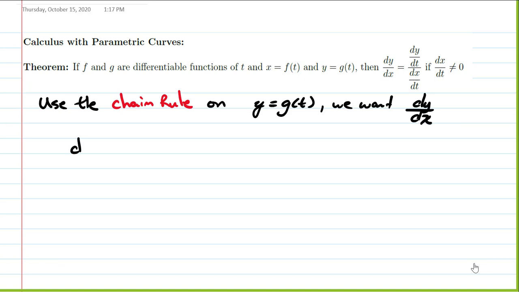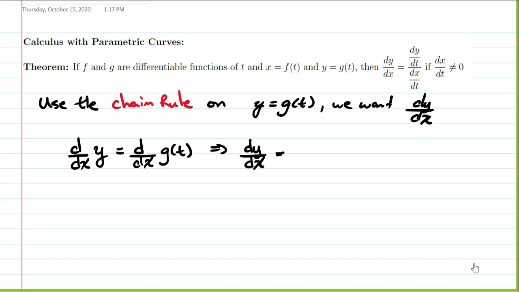So if I take d/dx of y, that's going to be the same as d/dx of g of t. Well, on the left-hand side, d/dx of y is just going to be dy/dx.